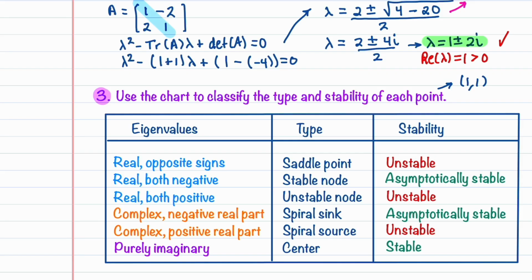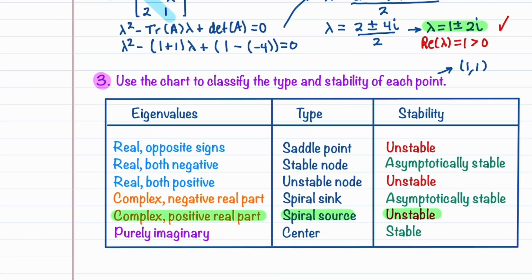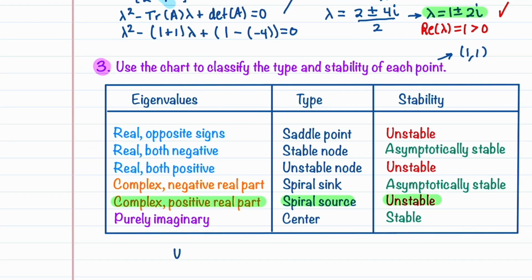Looking down here at our chart, that's this case right here. Our eigenvalue is complex, and we have a positive real part. This means that our critical point is a spiral source, and it is unstable. So let's write down for our answer that we have an unstable spiral source.